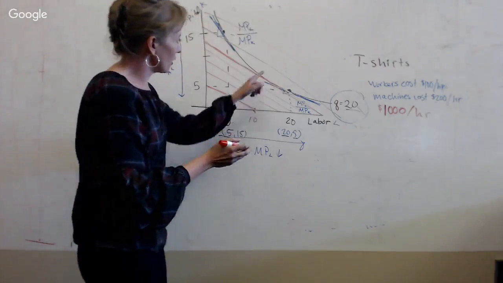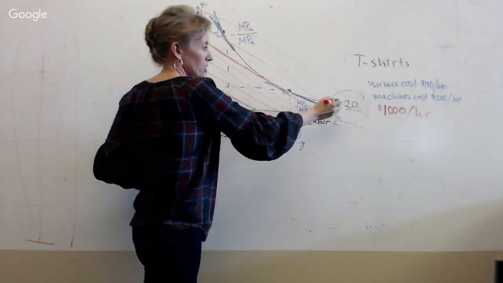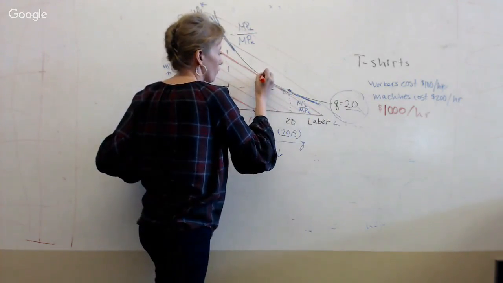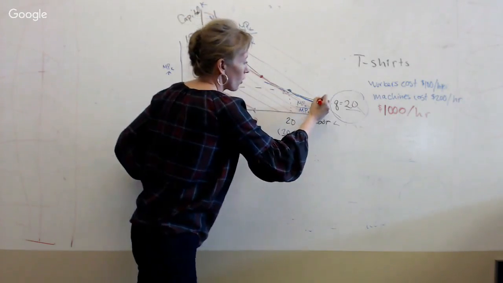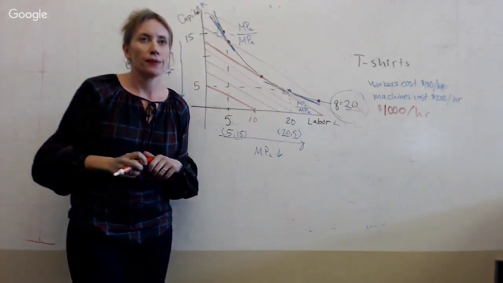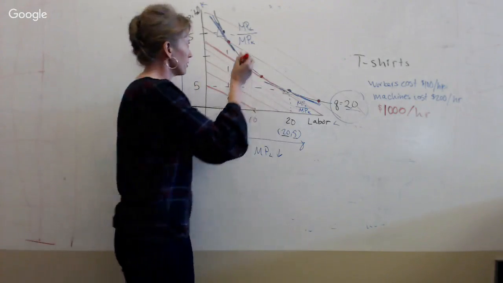Our firm can produce 20 t-shirts an hour at any point along this isoquant. Our firm can choose this point here, this point here, or this point here.